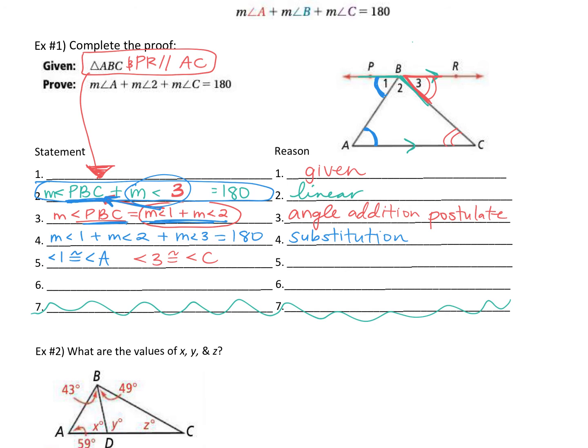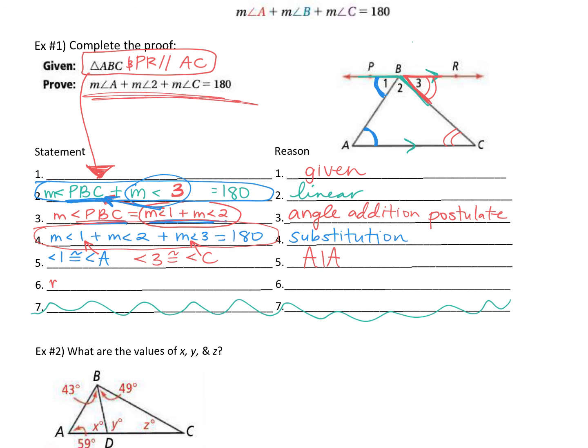Okay? So, now think about this. We said that 1 plus 2 plus 3 is 180. If I put A in place of 1 and I put C in place of 3 by substitution, right? Sorry, these were alternate interior angles on number 5. If I substitute now, look what they asked us to prove.